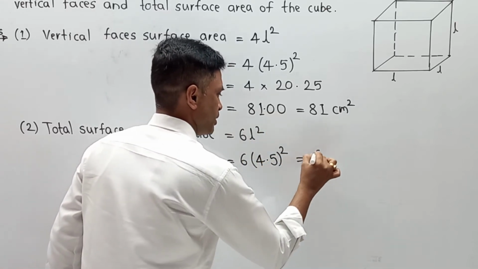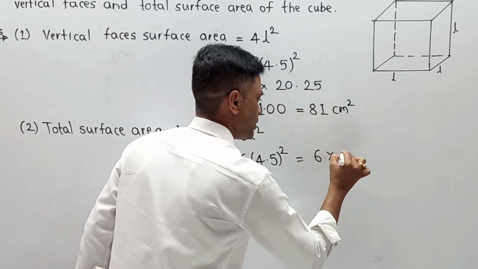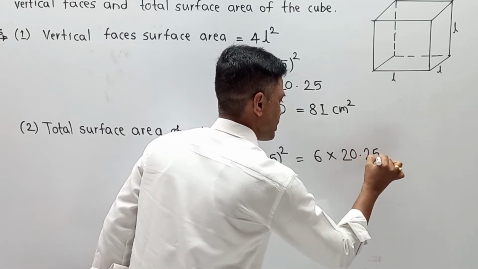Now this calculation is already with us, so 6 into 4.5 bracket square means 20.25. So 6 into 20.25.